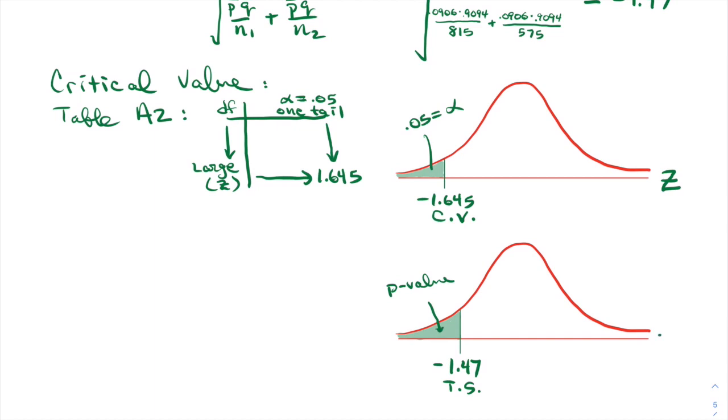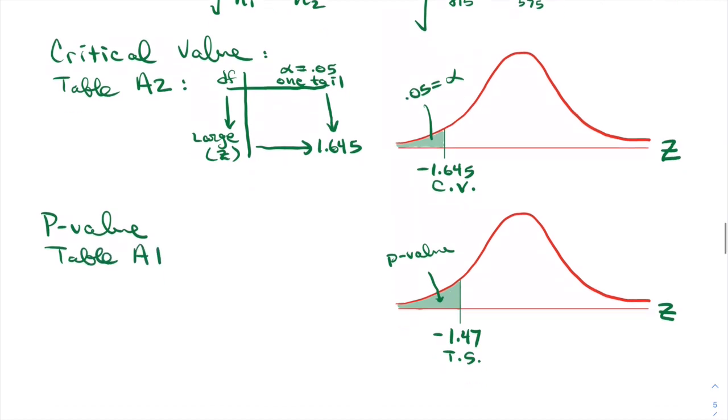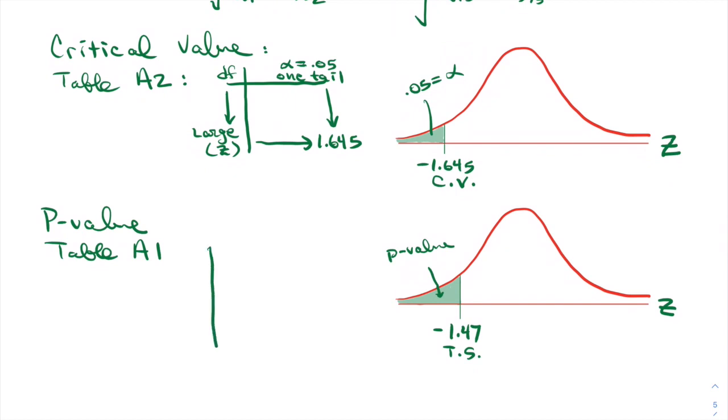Like that. And so for our p-value, we should use table A1. Okay, and so just as a reminder how that one works, it's a p-value table essentially. And you look up your z-score on this table.